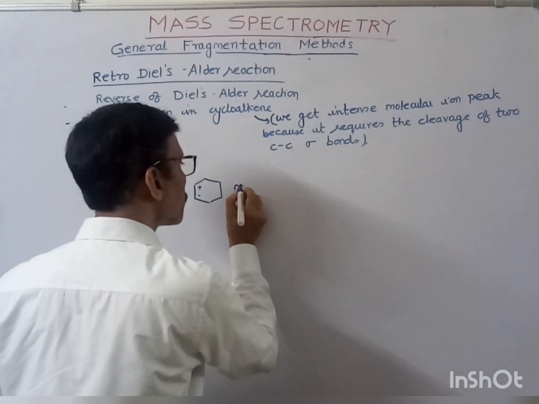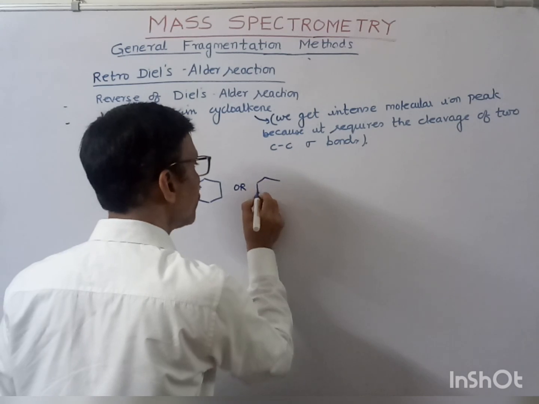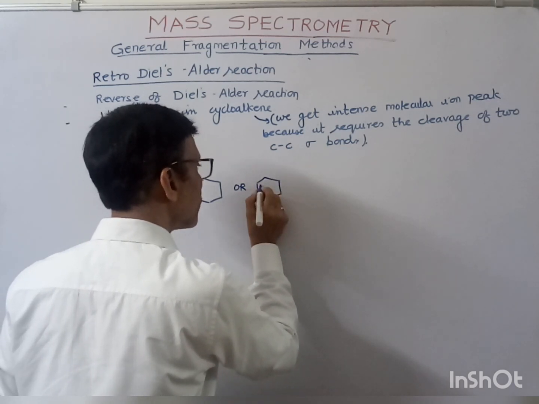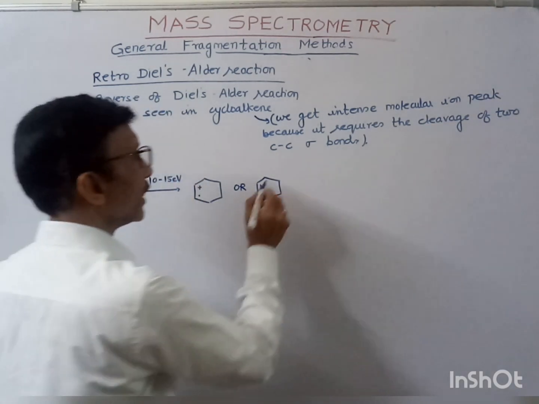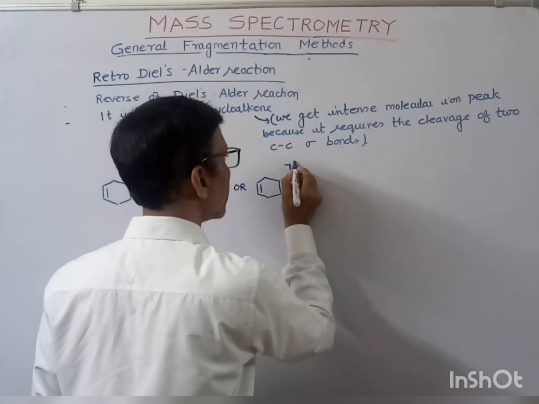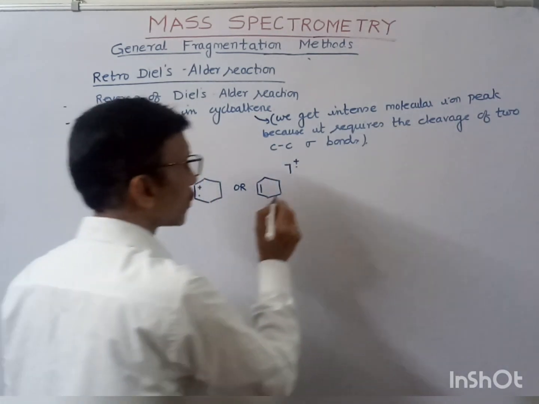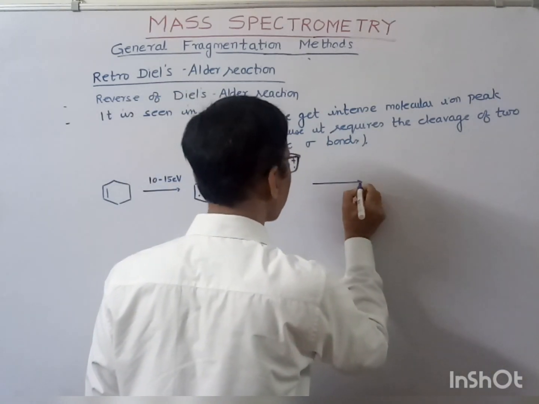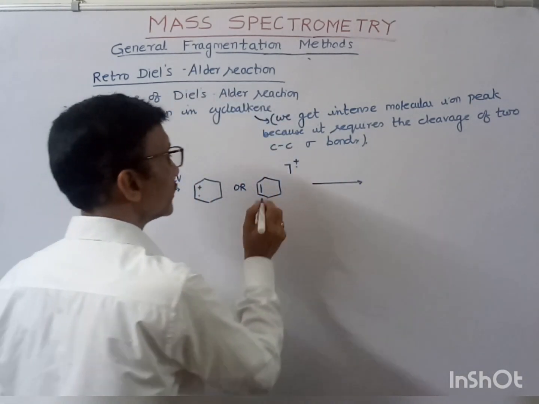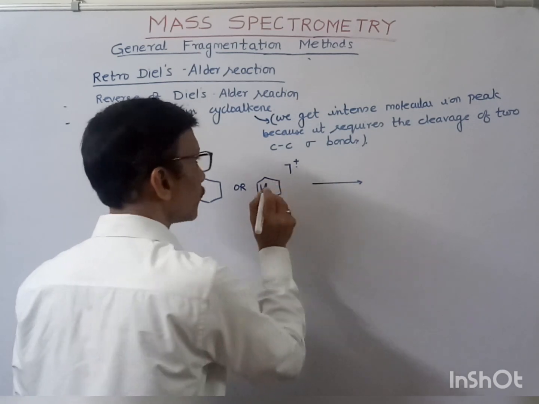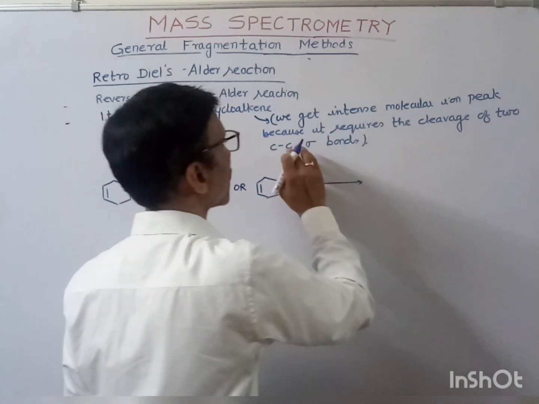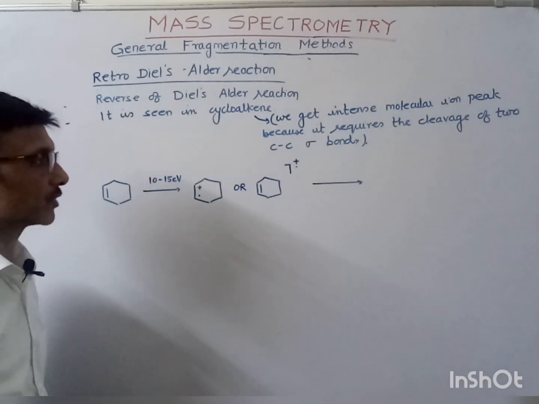Or we can also write this in this form. We may keep the double bond as such, and we show it by the radical cation like this. Now it will cleave. You will see this can cleave, and further what will happen? What I told you, two carbon-carbon bonds will undergo cleavage.